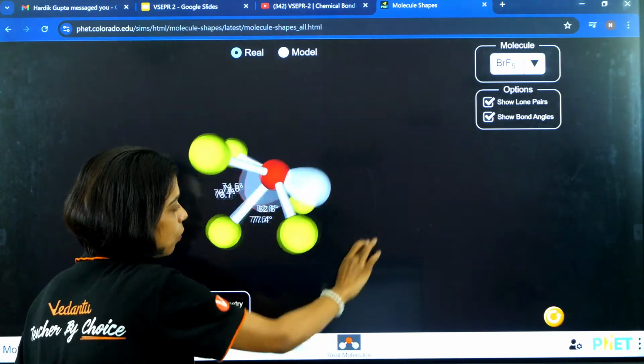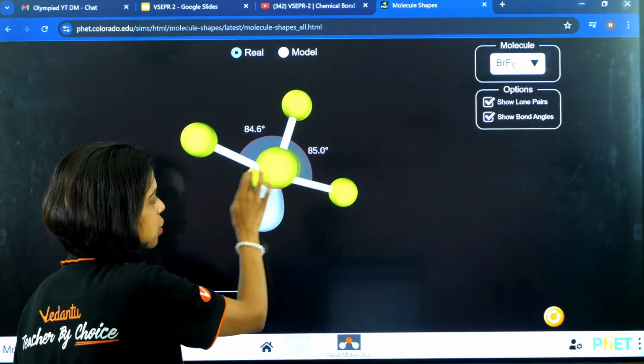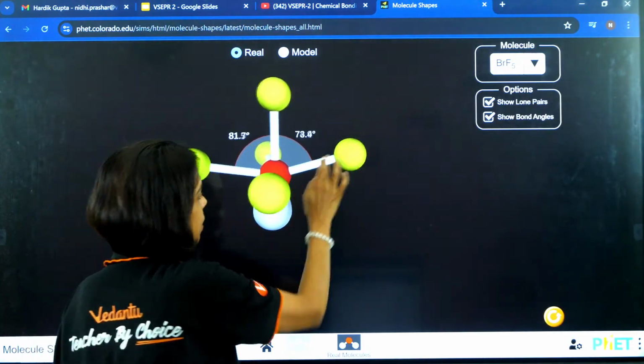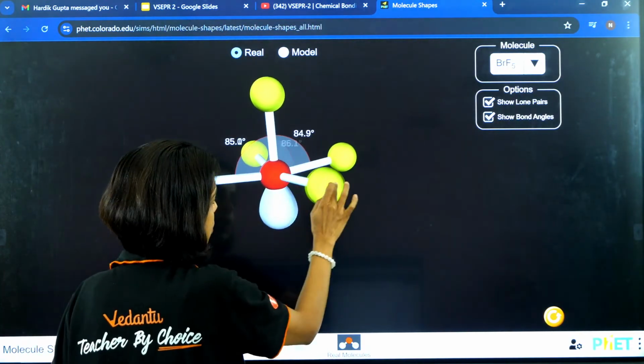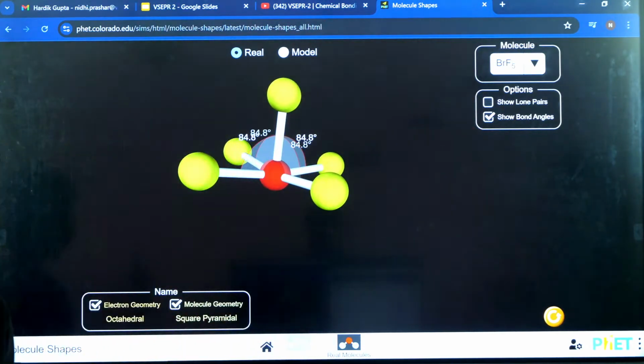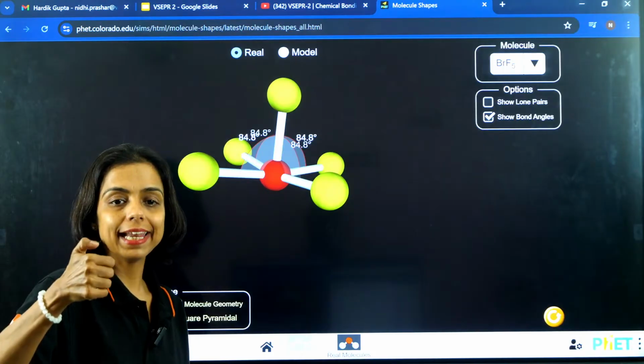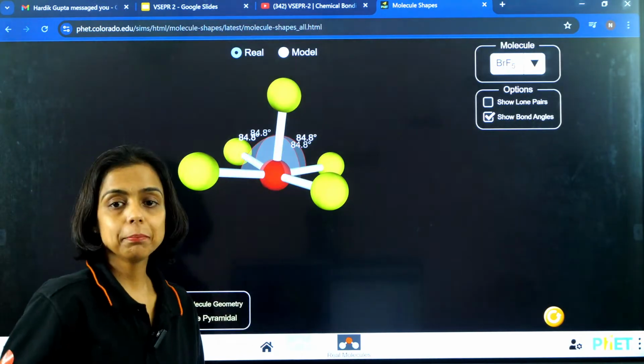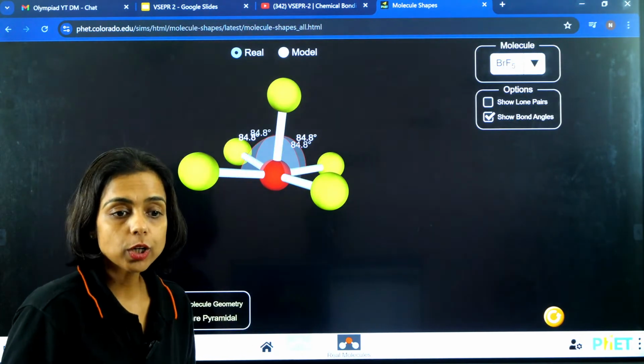How will the molecule look, guys? What do you call this shape now? This lone pair is inside the atom, so it will not define the shape. Only 5 bond pairs, and one electron pair inside the central atom, as in BrF5. What do you call this shape?